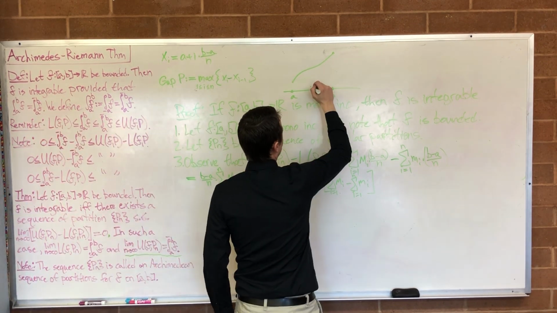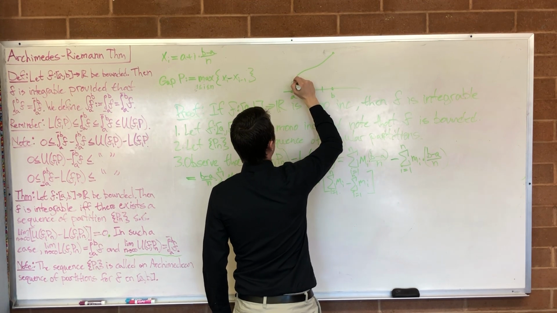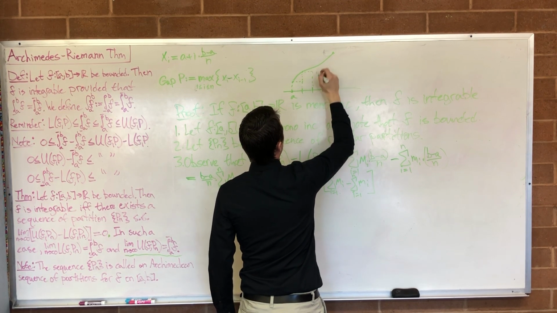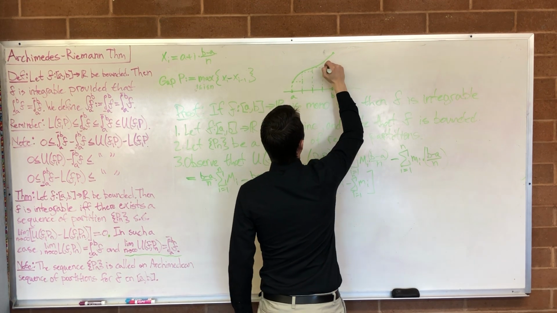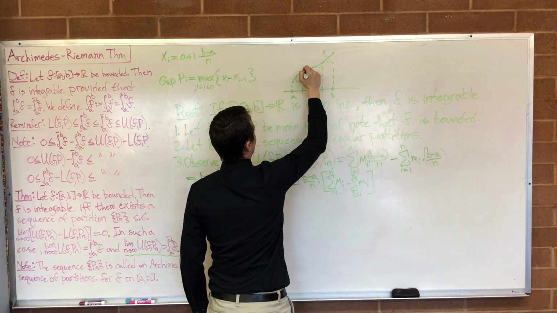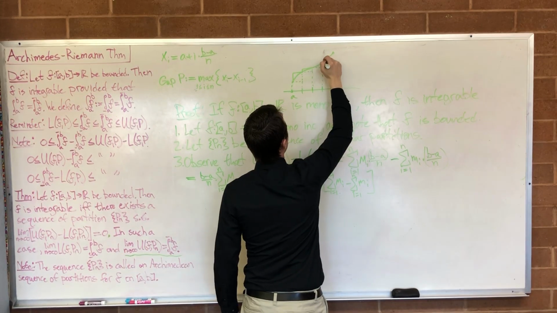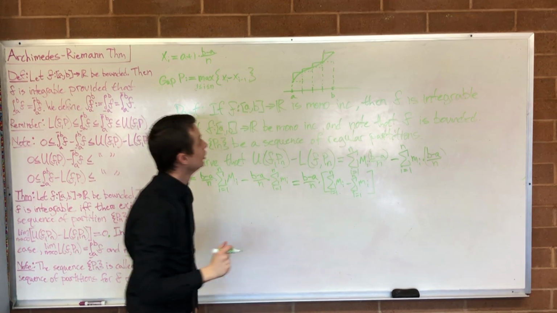We have some partition of it. We'll divide it up into 4 even pieces again. I'll do my lower Darboux sum in dotted lines, and then I'll add on the upper Darboux sum, solid lines from there. Good?